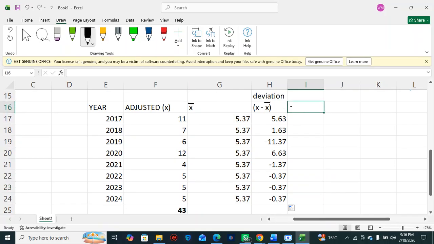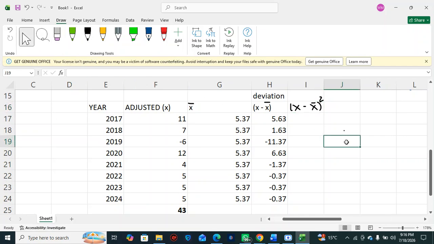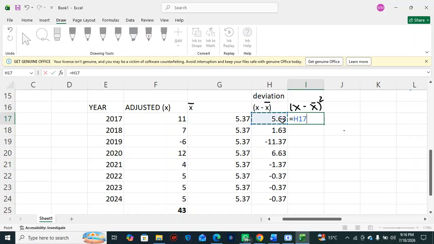Then next we square each deviation. Meaning this 5.63, we square it. This 1.63, we square it.